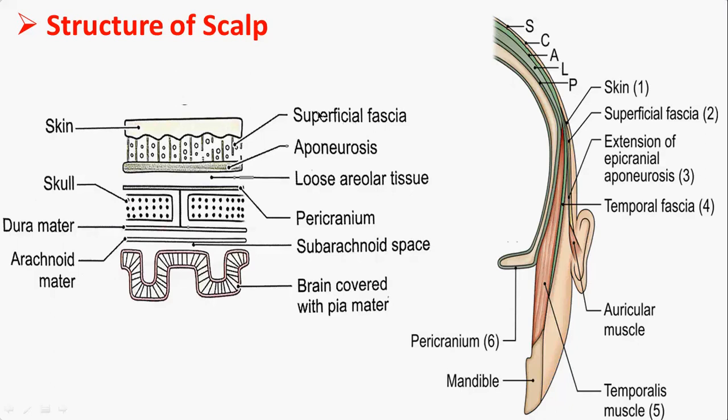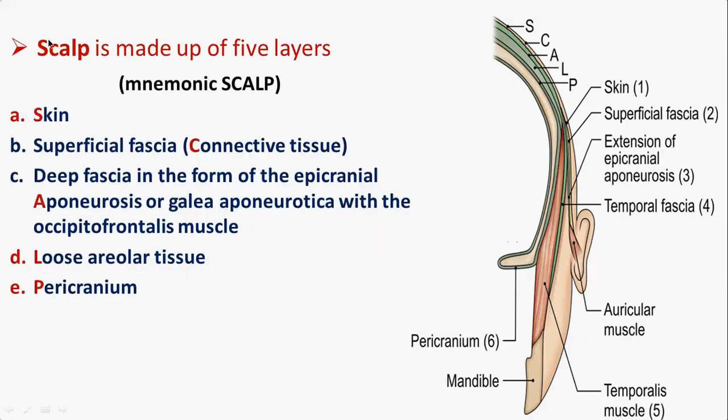One by one we will see the structure of the scalp. First we will see the skin. Here you can also see the scalp is made up of 5 layers. The mnemonic is SCALP.